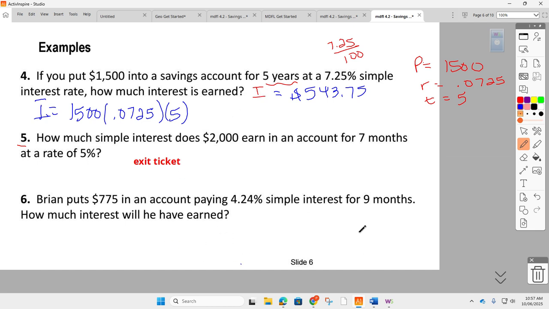All right, number 6. Brian put $775 in an account, paying 4.24% interest, simple interest. Reminds us what formula we're looking for, 9 months. What's the principal here? Sincere? Good. What's the rate? Mason?